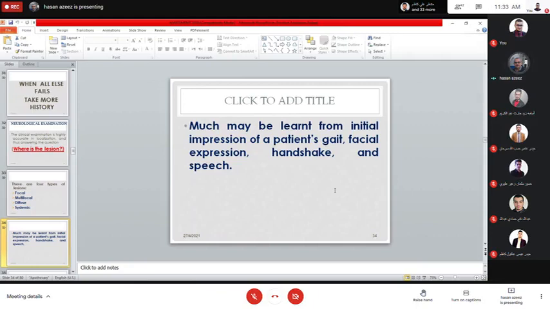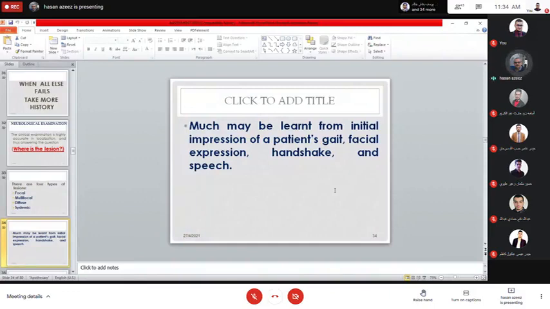But this is artificial, because in a patient with gait difficulty, abnormal facial expression, tremor, or speech abnormality, these can be detected during or even before taking history. When the patient walks in, I will recognize that the gait is abnormal.